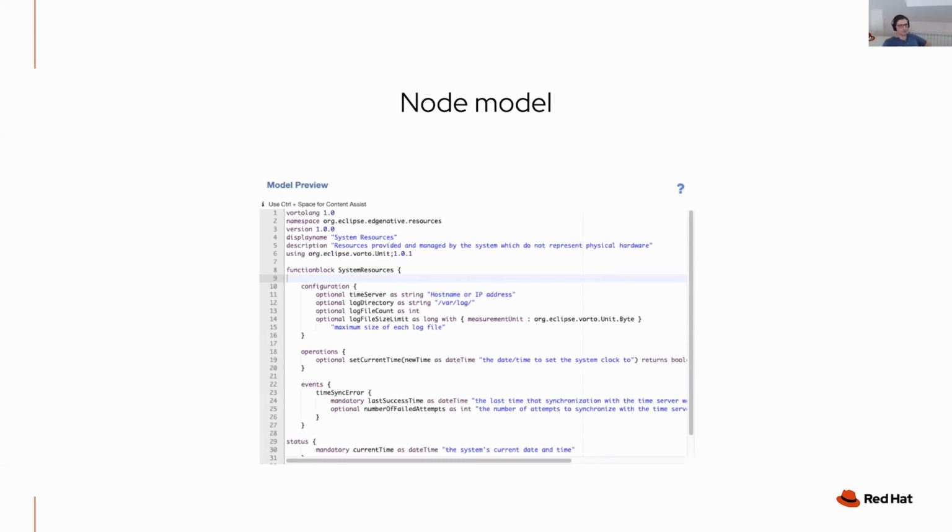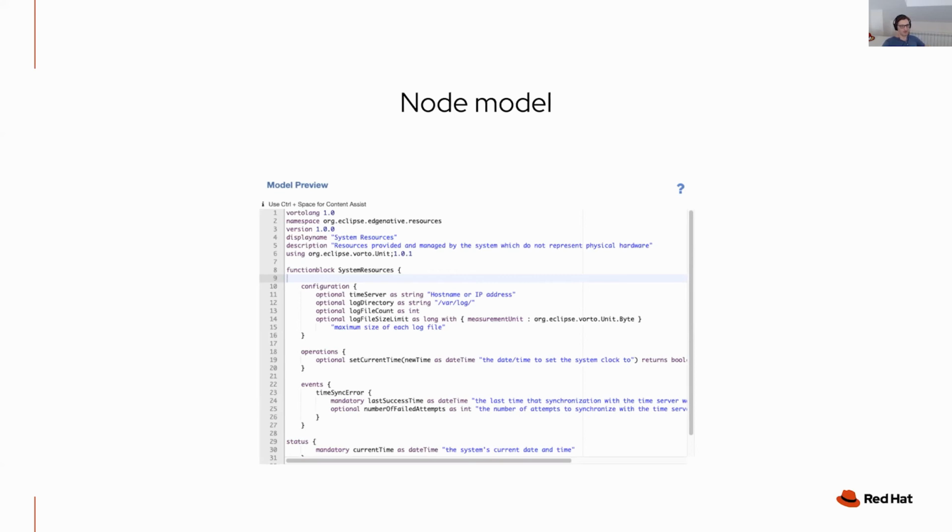So this is how one of those models look. It's a system resource. And you can see here that within the model, you have a couple of blocks. So basically a configuration block showing all the configuration parameters for the resource.